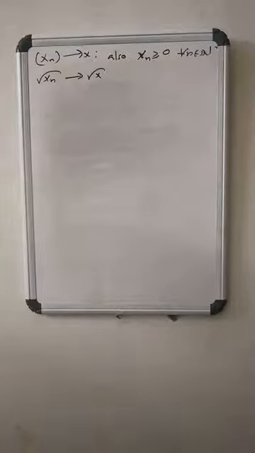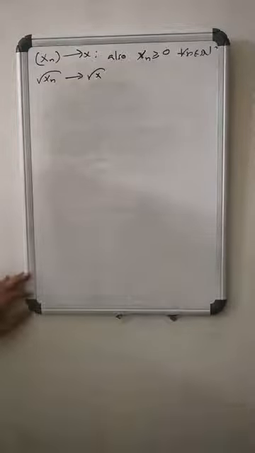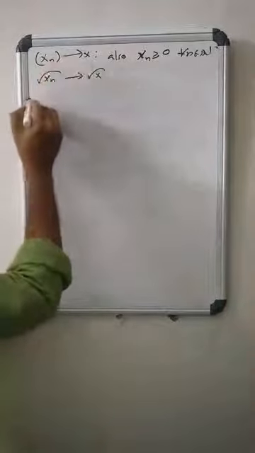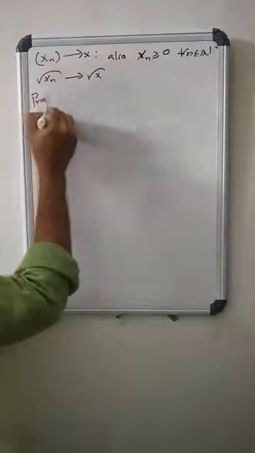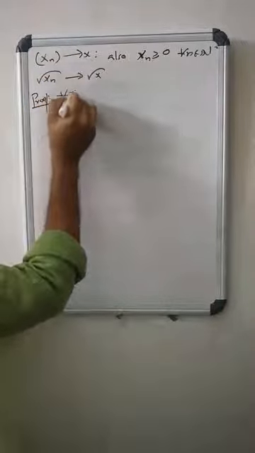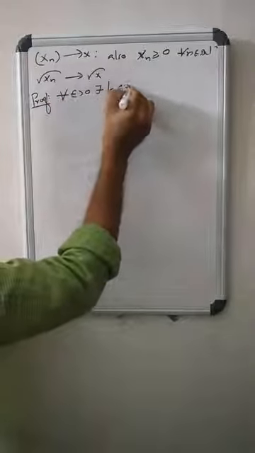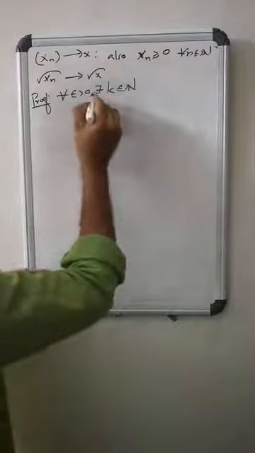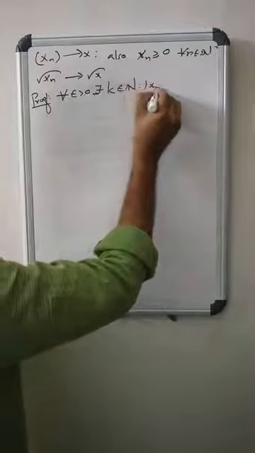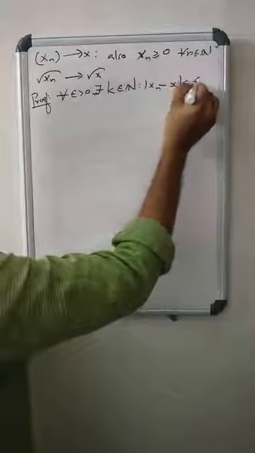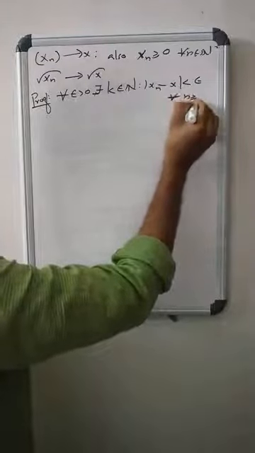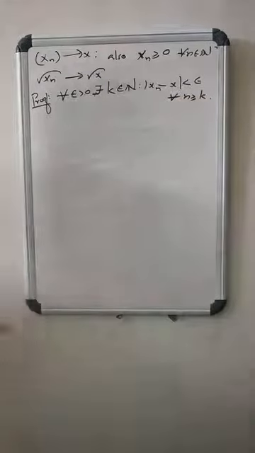So how? Given xn converges to x, by definition for all epsilon positive there exists a natural number k such that |xn - x| < epsilon for all n greater than or equal to k.